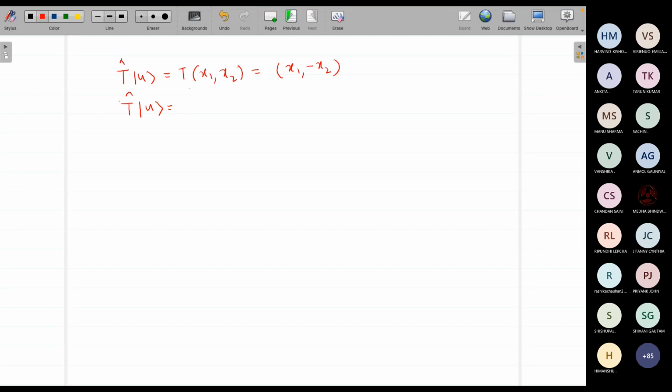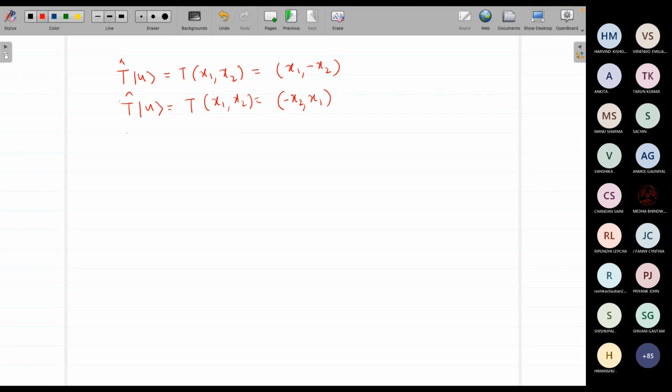Sorry, sir, x-axis. Okay. What about this one: (minus x2, x1)? Reflection about the y-axis? Look into it. I have changed x2 to x1 and x1 to x2, and also I've done a minus. So something else is also changing.